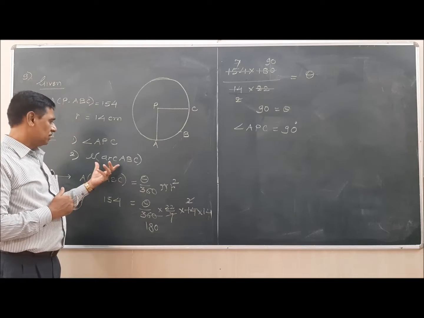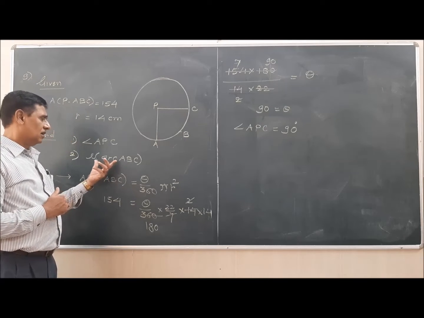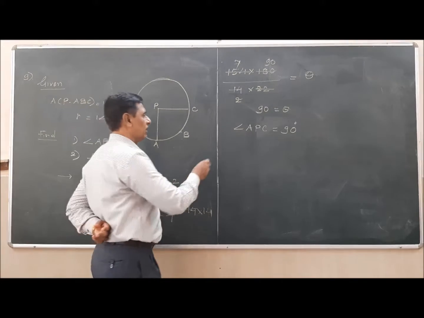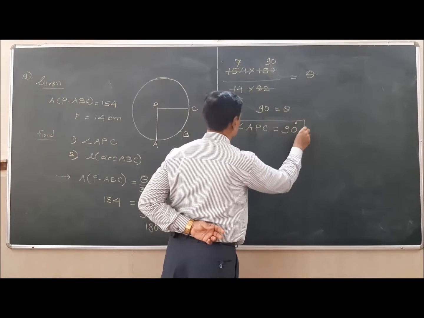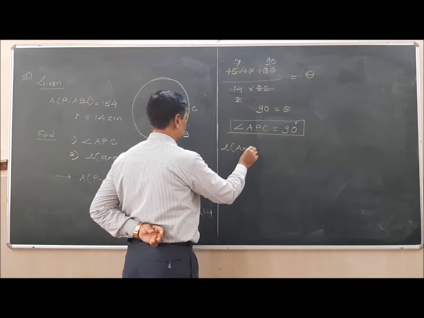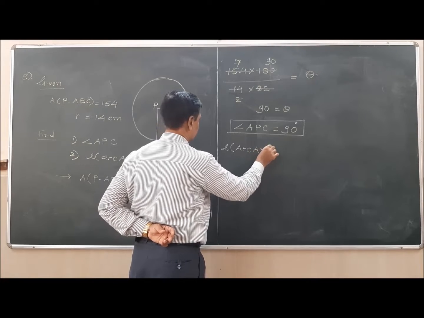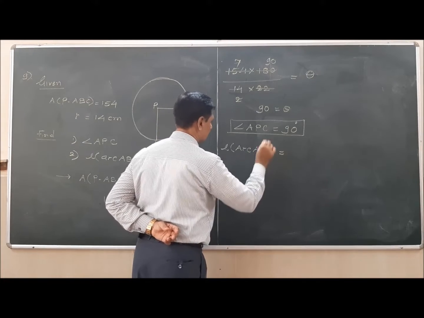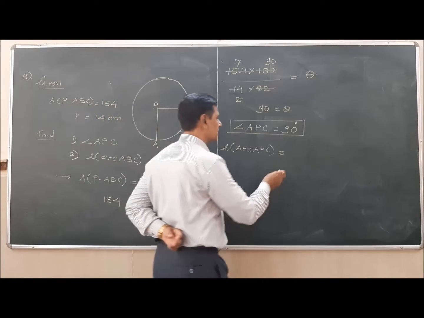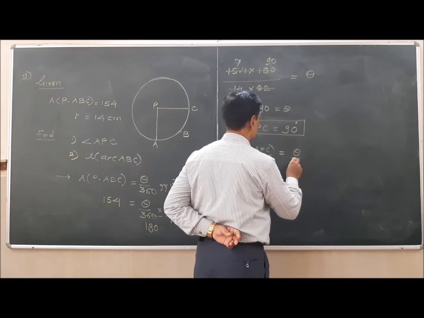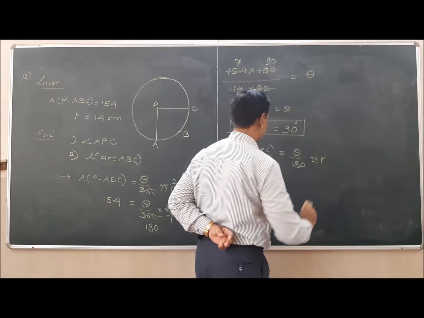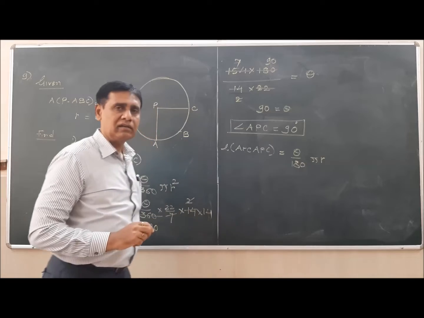Now the second question is to find out the length of arc ABC. For that second part of this question, length of arc ABC is equal to, now I can use the formula theta upon 180 into pi r. Try to understand the formula again.